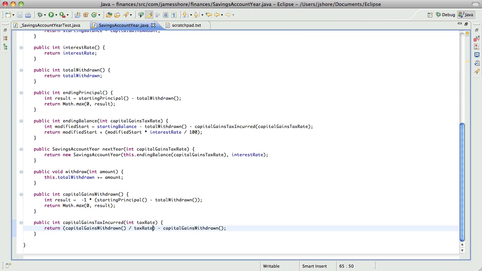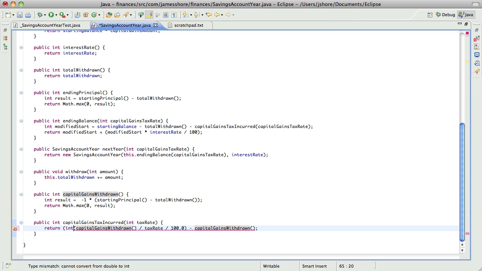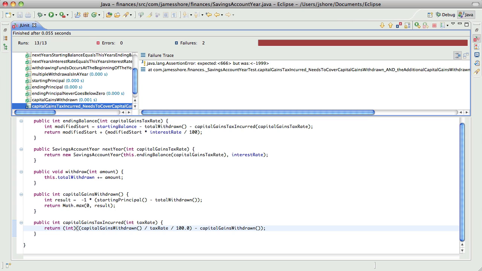So tax rate divided by 100.0. Expected 666 was minus 1,999.